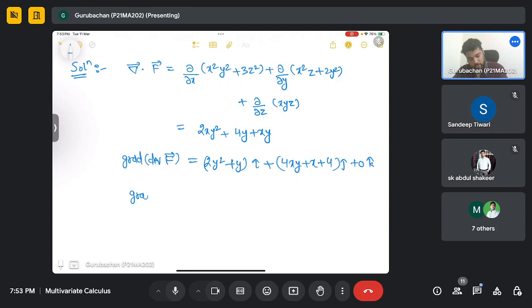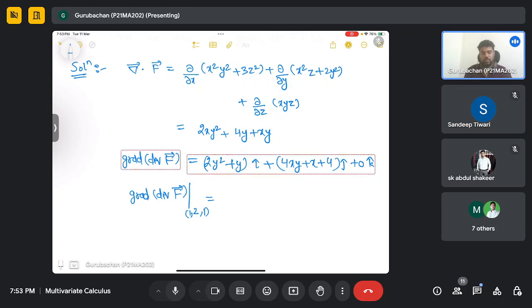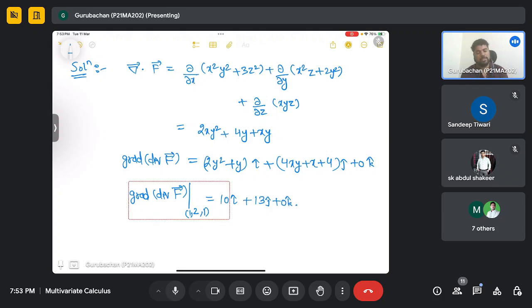Grad of this divergence of f at point 1, 2, 1, when you put these values, it will be 2 into 4 is 8 plus 2, 10 i cap plus 4 into 8 plus 1 is 9 plus 4, 13 j cap plus 0 k cap. Okay, so this is the correct answer.